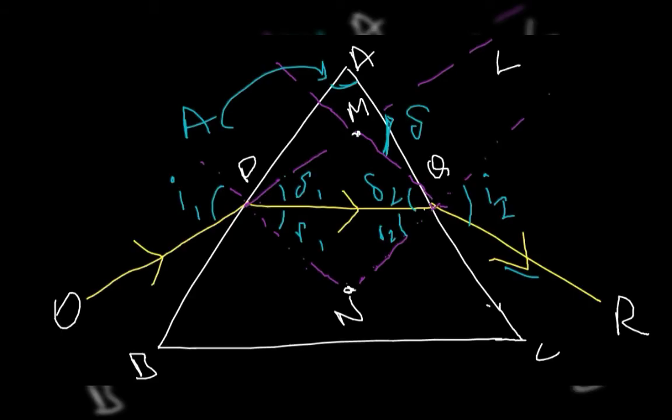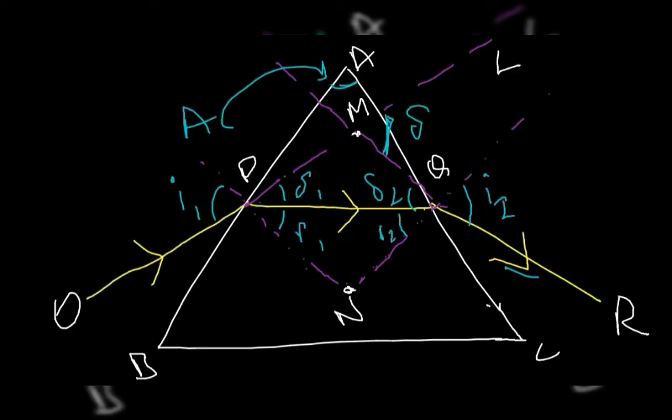As you can see, let's say we are considering this quadrilateral APNQ. Yes, APNQ. In this APNQ, if you see minutely, you will see this line is the normal, so this has to be 90 degrees.